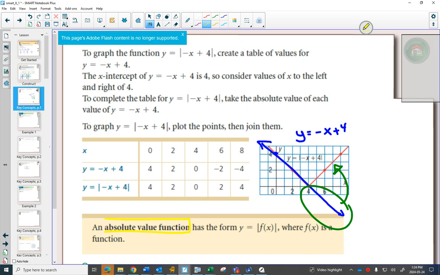Highlight this: an absolute value function has the form y equals the absolute value of some graph or some function inside.